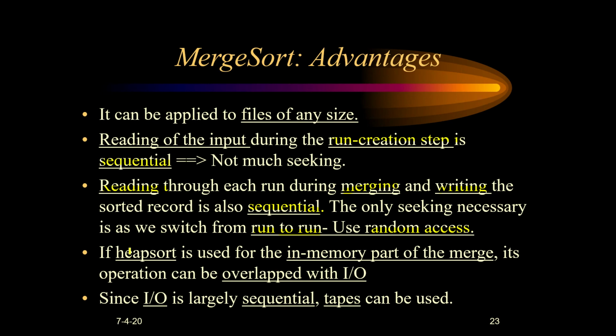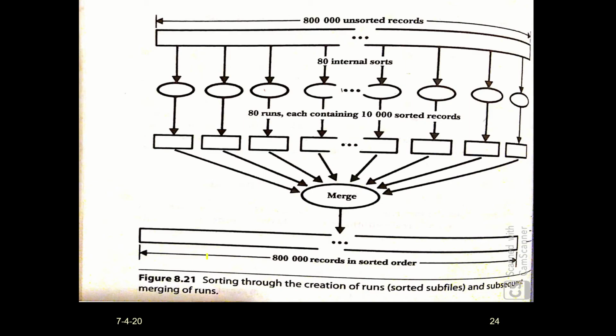Here we can try to introduce overlapping of input and output, similar to our heap sort, so that we can improve the seek time. This is also being tried to improve the performance of our algorithm. So we can tell here we have tried to improve the performance by concentrating maximally on making our access sequential. So tapes can be used.